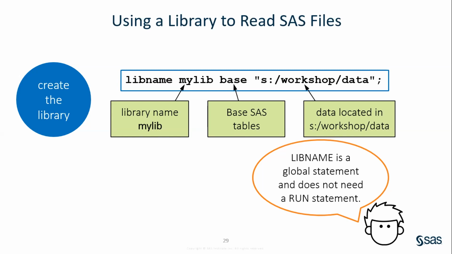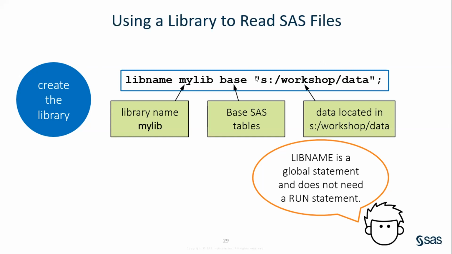Once you end your session, the connection between the path and SAS is over. When you start a new session, you simply write this libname again and give the connection.